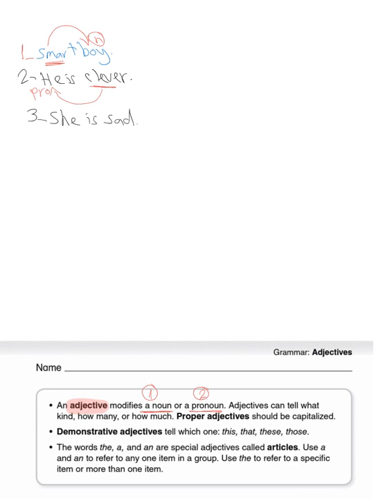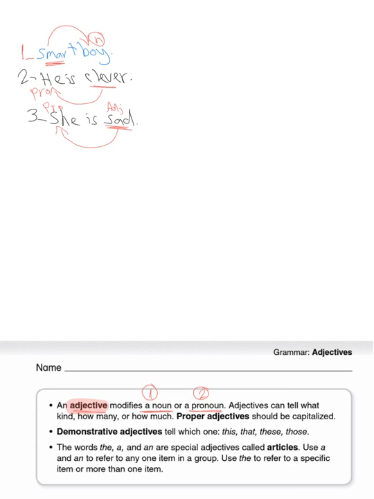If I asked where's the adjective, you will say it's sad. This is the adjective. What does it describe? It describes she, and it's a pronoun. So this is what they mean by saying that an adjective describes or modifies a noun or a pronoun. Easy inshallah.